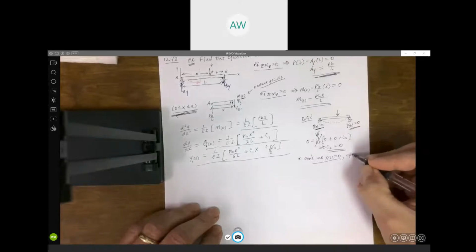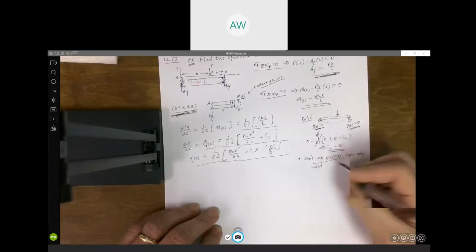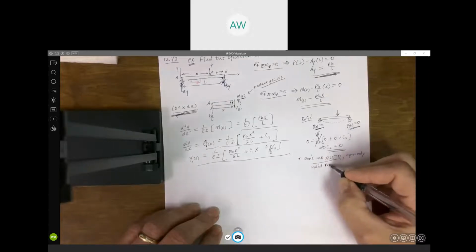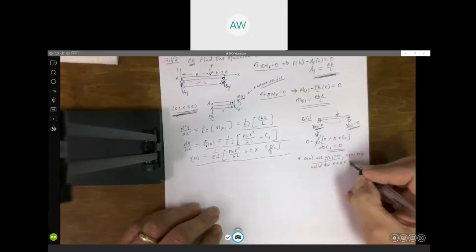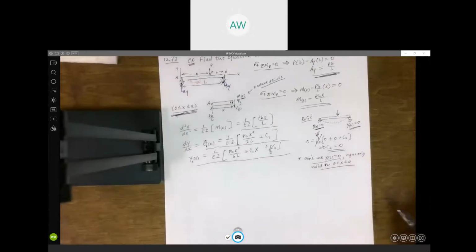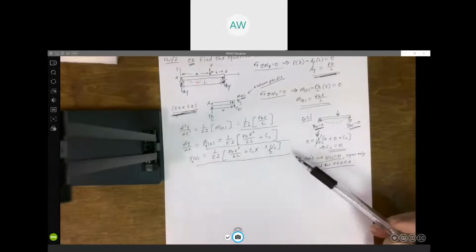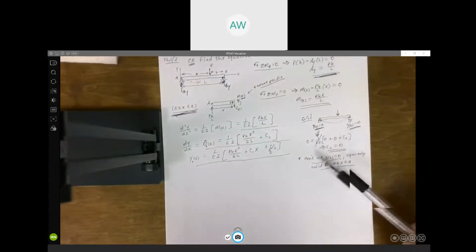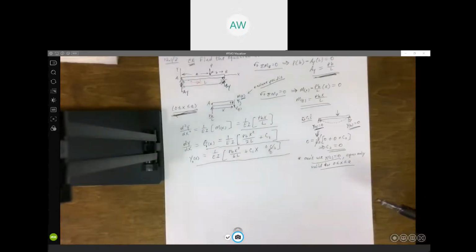Again, these equations are only valid for those x values. It's not valid when x is equal to L. So at this point, that's all we can do. We can find C2, and then we have to move on. Any question about that idea or why we cannot use the fact that when x is equal to L, y is 0?